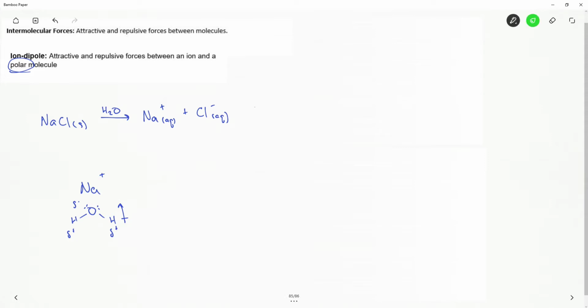So what's going to happen is you'll have the oxygens of water lining up with that sodium cation to increase those negative positive interactions. So if you take a look at my picture over on the right, if this purple sphere represents our sodium cation, then you can see the water molecules arranged around it such that you get these positive, negative, attractive forces set up.